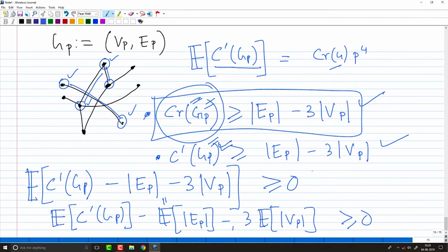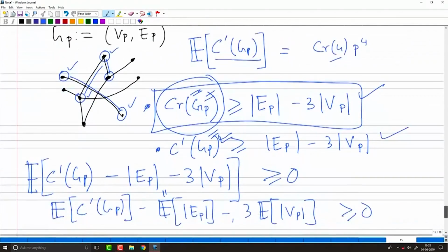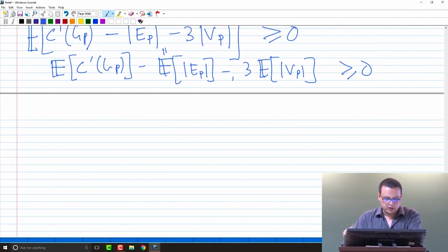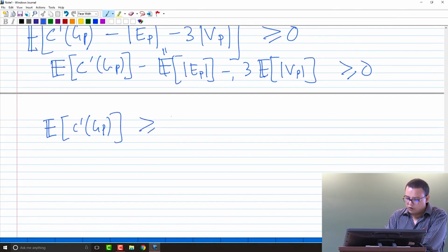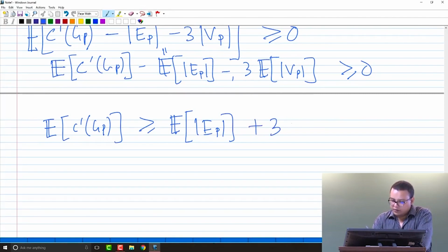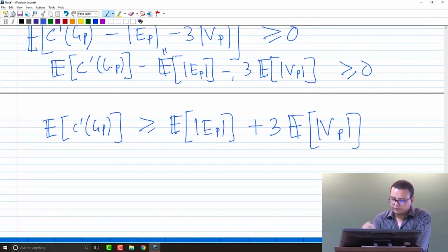Let me keep it like this. So what do we get? We get the expected value of C dash GP is greater than or equal to the expected value of EP plus 3 times the expected value of size of VP. So what is the value of C dash GP? It is basically CR of G times P to the power 4.